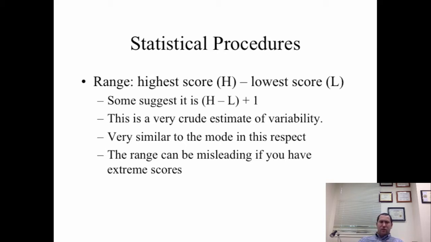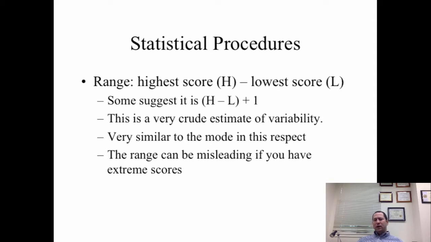You need to know for the test both conceptually and mathematically how to process a range, right? So conceptually, it's just the difference between highest and the lowest. Formulaically or mathematically, it would be either H minus L or H minus L plus 1.